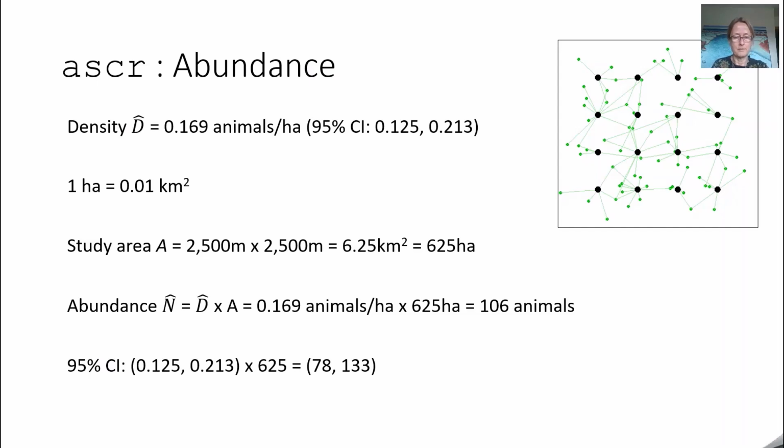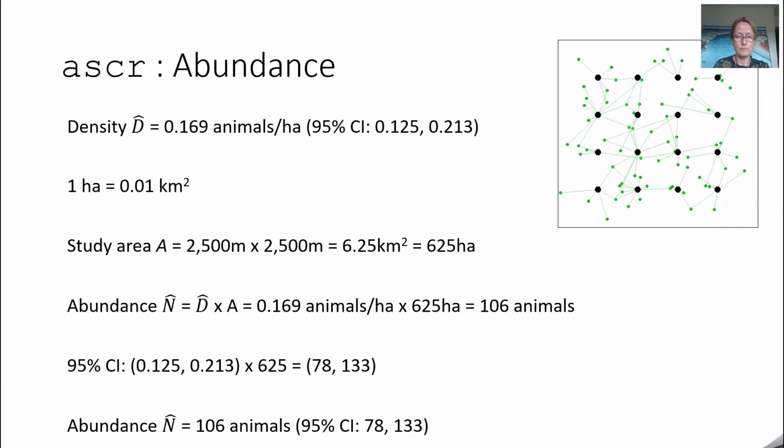Just multiply them with the area in hectares, which gives us 78 and 133. So then our abundance estimate comes to 106 animals and this confidence interval of 78 to 133.